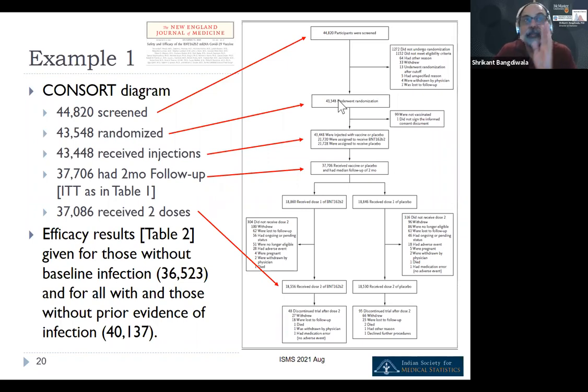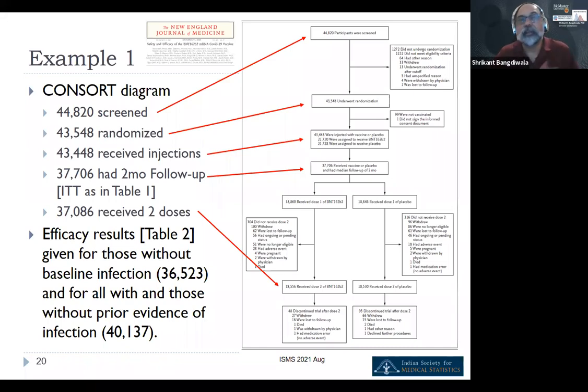But there are some little caveats here that this group dealt with, and they said, well, we had this many randomized, but only this, so about 100 less received the injection. 100 did not receive the injection, so they really should not be part of it.